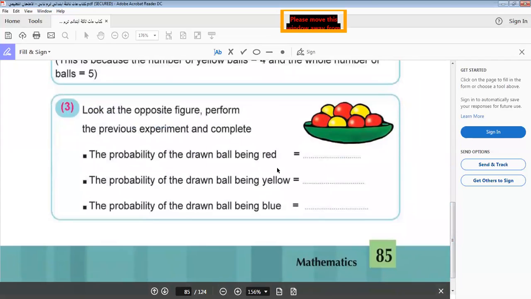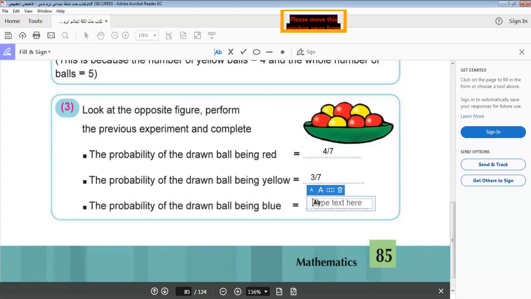Here in question 3, what is the probability of the drawn ball being red? I will count how many red balls I have: 1, 2, 3, 4, over the total. The total is 7, so 4 over 7. The probability of the drawn ball being yellow: just 3 out of 7.